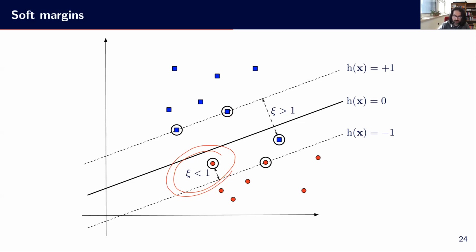So it is data that is correctly classified, but in the margin, and the margin is that region here. While in the other case here, we have an instance that is misclassified. It is not well classified. It is on the wrong side of the hyperplane. And in such a case, the ξ is more than 1.